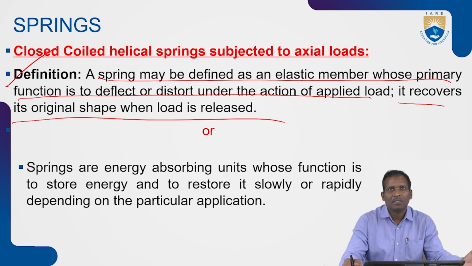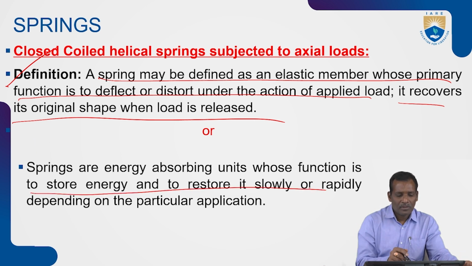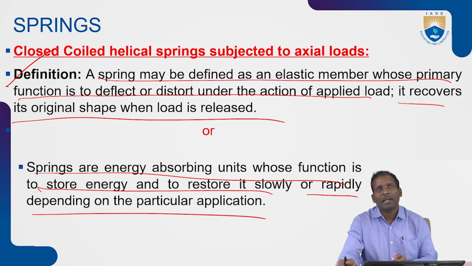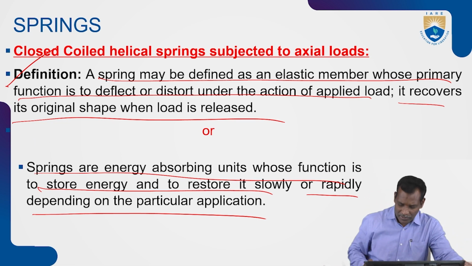So whenever the load is removed, it regains its original shape. The springs are energy absorbing units whose function is to store energy and to restore it slowly or rapidly depending on the particular application. So this is the actual definition of springs.